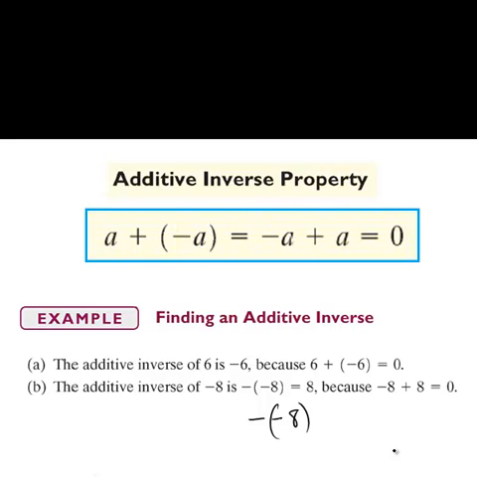Now, why do we know that 8 is the additive inverse of negative 8? Well, because you take negative 8 plus 8 to get 0, the additive identity. So what is the additive inverse of a number? It's that other real number such that that second number plus the first number is equal to 0.